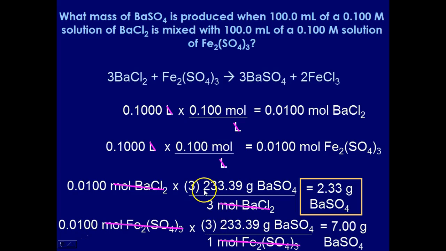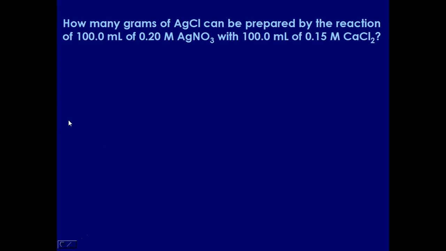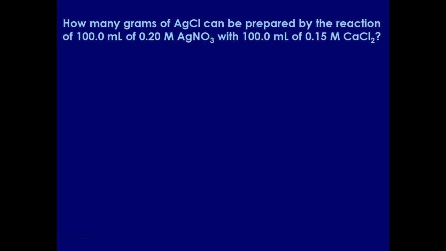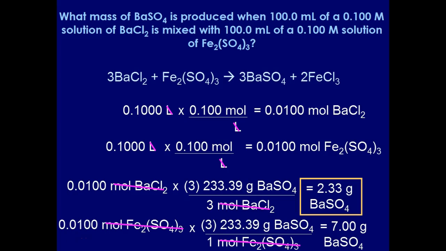I had the option to stop this at moles and then do the multiplying by the molar mass, and I think part of the reason I did this, if you look at this slide, is it's pretty busy, and I was just trying to get it all on one slide for you all. But if you wanted to stop at moles of barium sulfate, you could do that, and then you could use the moles of barium sulfate made by the barium chloride to get you your grams, the 2.33. Sorry I kept hitting that.